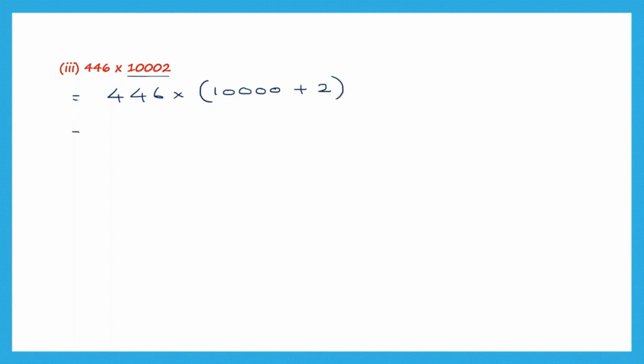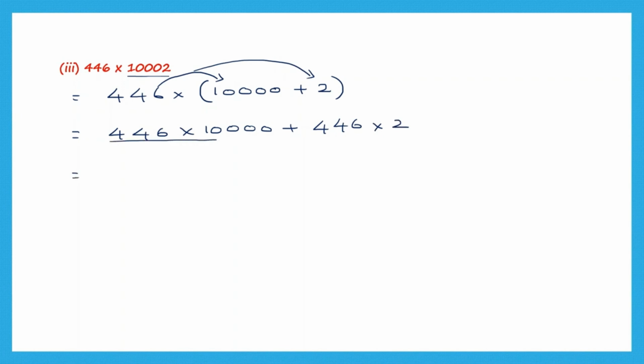Now we have to multiply 446 into 10,000 first. Then we have to multiply 446 into 2. So this multiplication is very easy. Whenever you have to multiply with numbers ending in 0, you just have to multiply with this number and then add the 0.